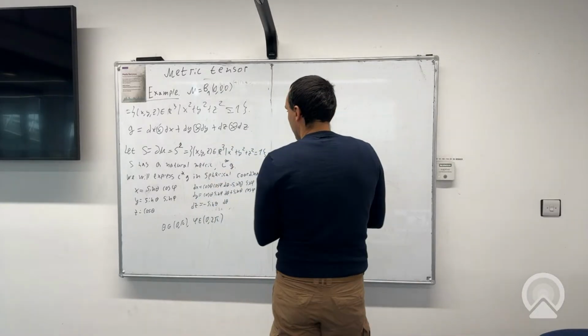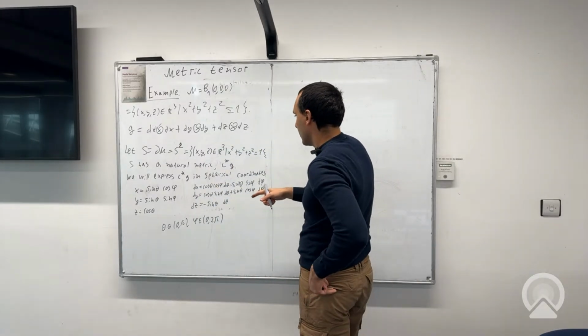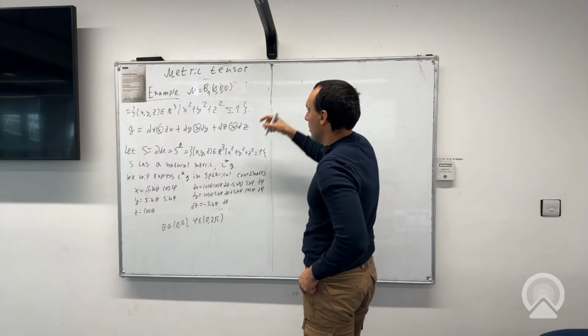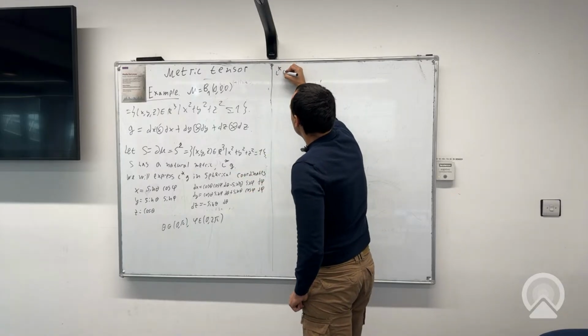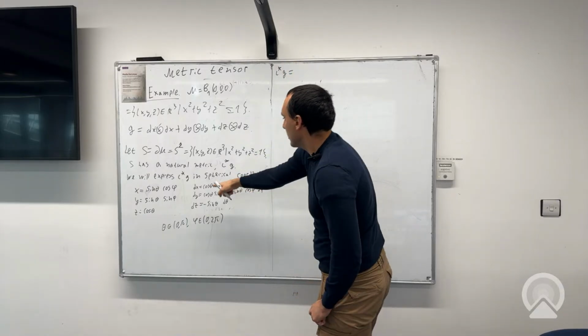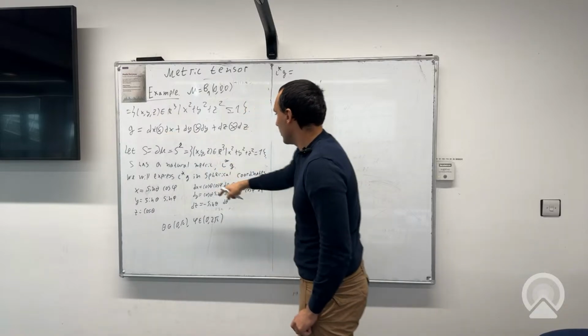So now iota star of g is this thing here, but with the new coordinates.